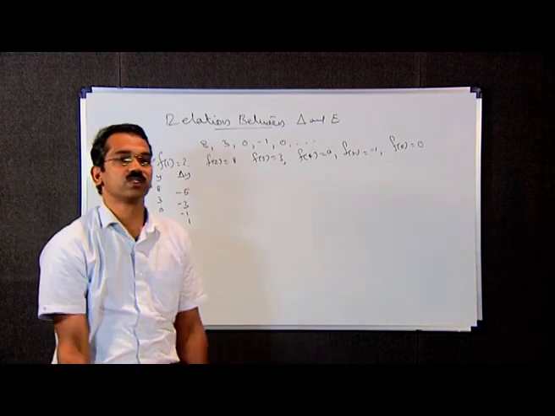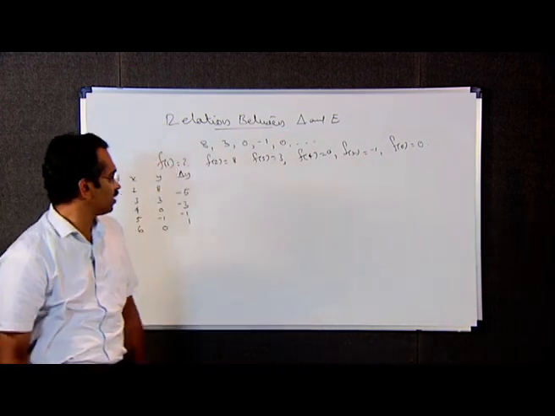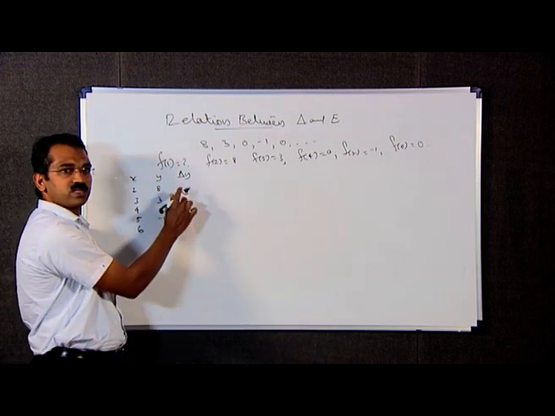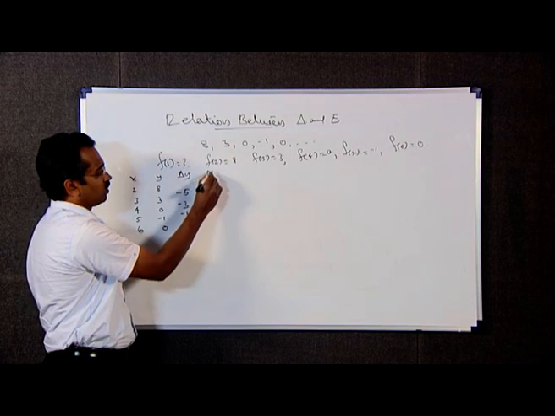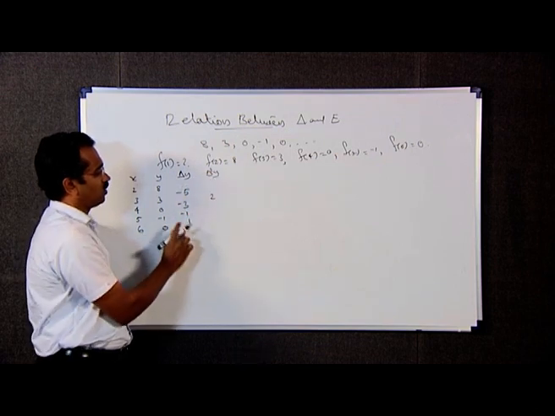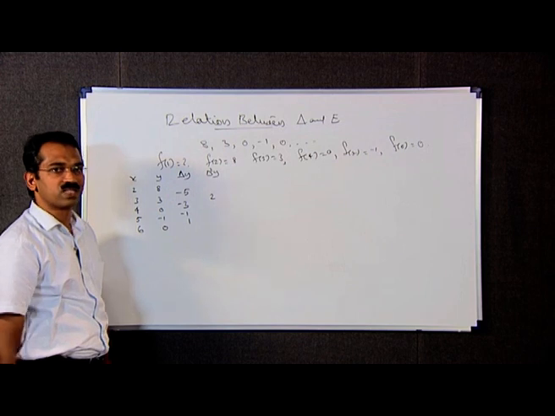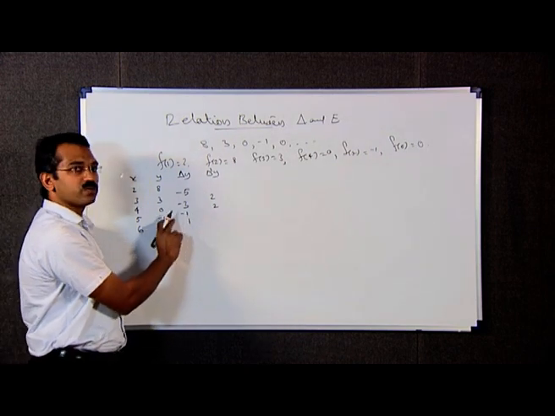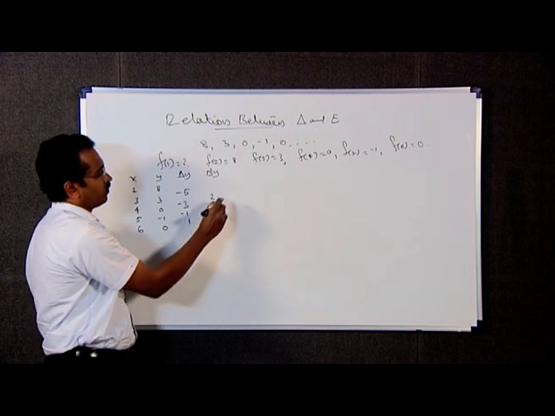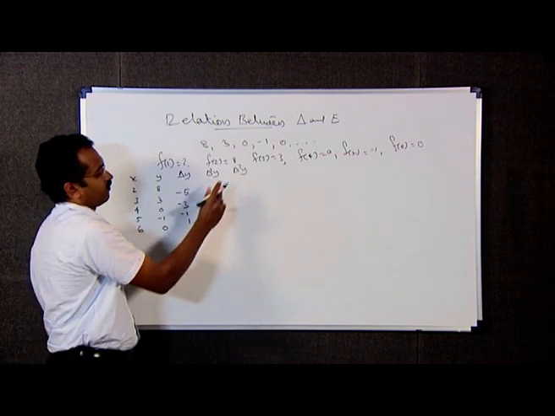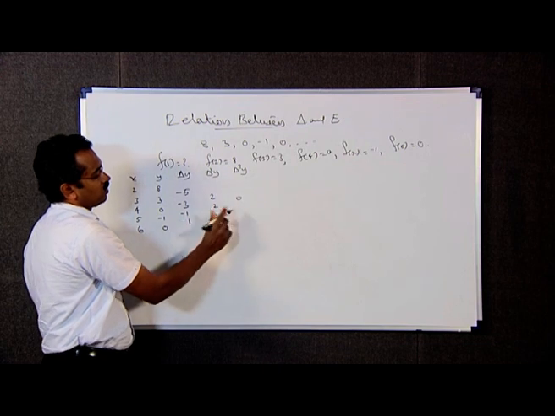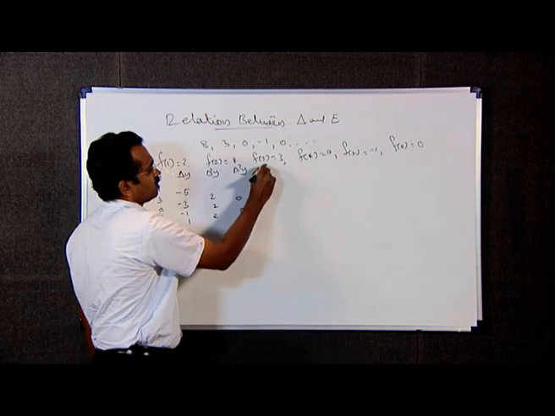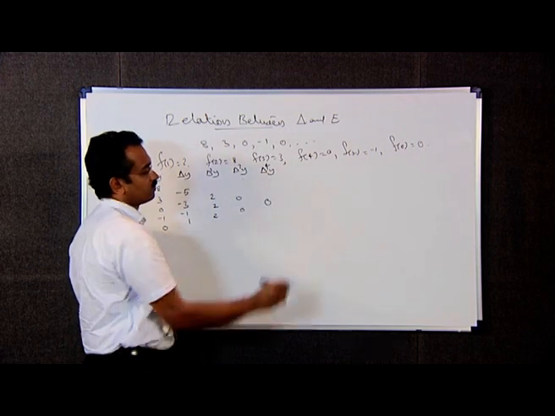These are the first differences. The second differences are minus 3 minus minus 5, that is 2, minus 1 minus minus 3, that is 2, 1 minus minus 1 is 2. The third differences are 2 minus 2 is 0, 2 minus 2 is 0 and the fourth difference is 0.